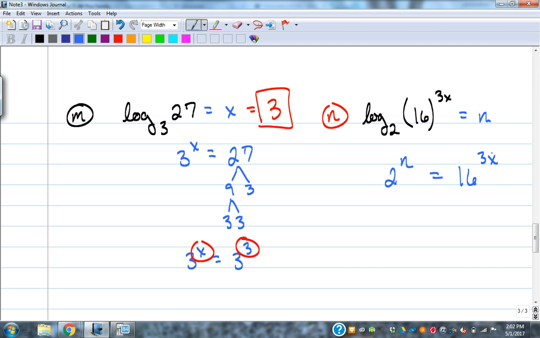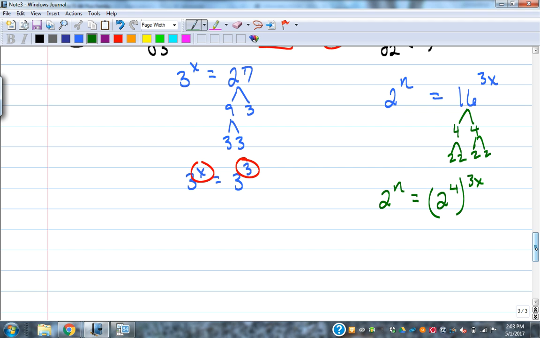What do I know about 16? It's 4 and 4. It's 2 to what power? 2 to the 4th power. But all of that's still to the 3x. What is the exponent rule for that right there? What do you do with those exponents? You multiply them. So that would be 2 to the 12x.